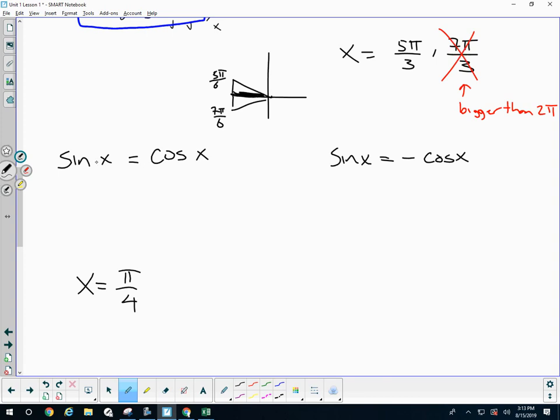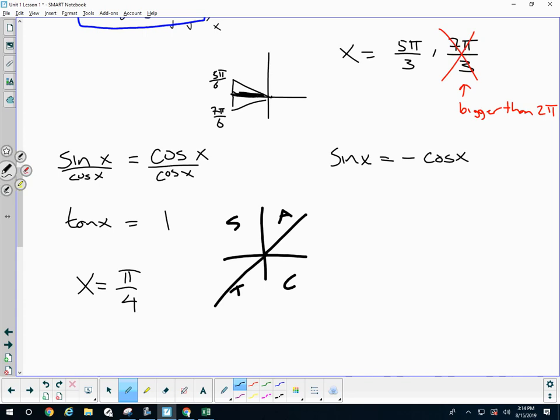Let's not think about sine equaling cosine. Let's get rid of this cosine by dividing both sides by cosine. That gives me tangent equals 1. Tangent is not just going to be equal to 1 in the first quadrant. Tangent will be equal to 1 here in the first quadrant at the pi over 4, but tangent is also positive here in the third quadrant.